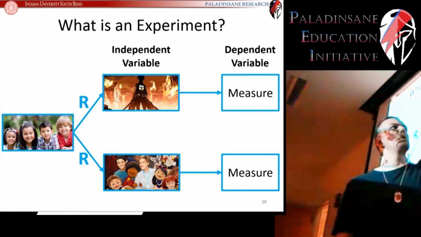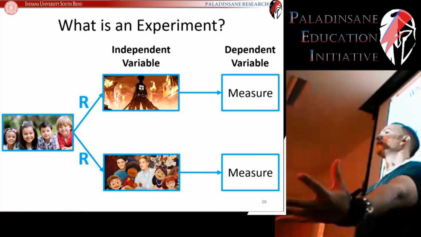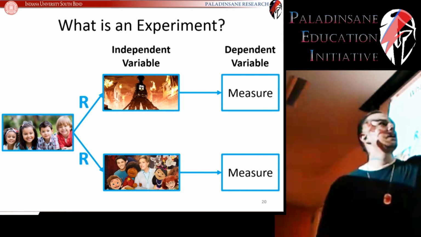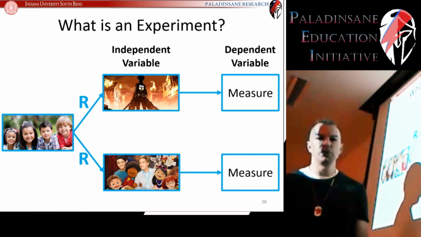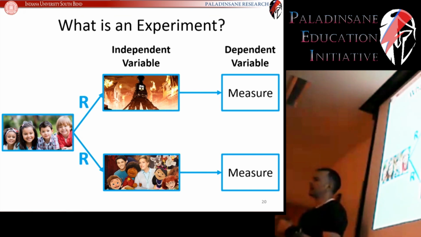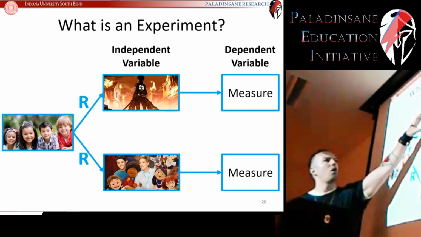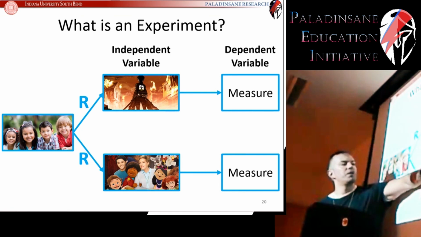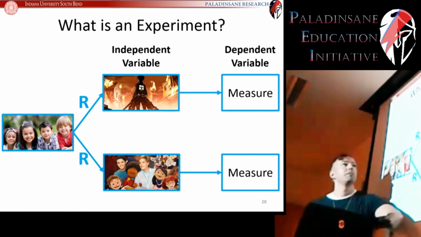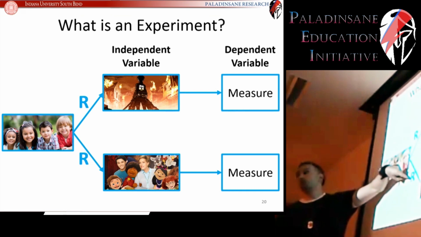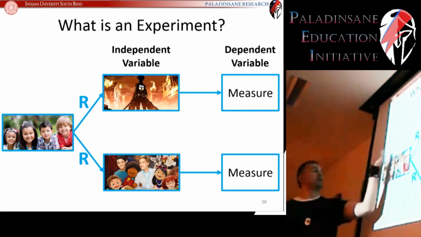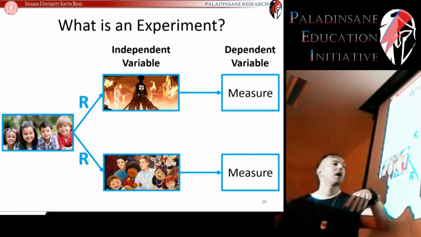And then what we do is we measure them on their violent behavior, and we see if there's any difference between those two. And if there is a difference here in the dependent variable, it could only come from this difference here. Because through randomization, the groups are equal. We didn't care about the baggage that they brought to the table.